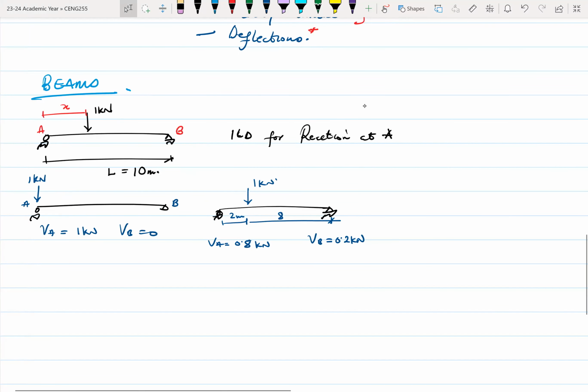Let's go again. Now your load has moved some distance, let's say 5 meters. At this point, you see that your VA is 0.5, your VB is also 0.5.